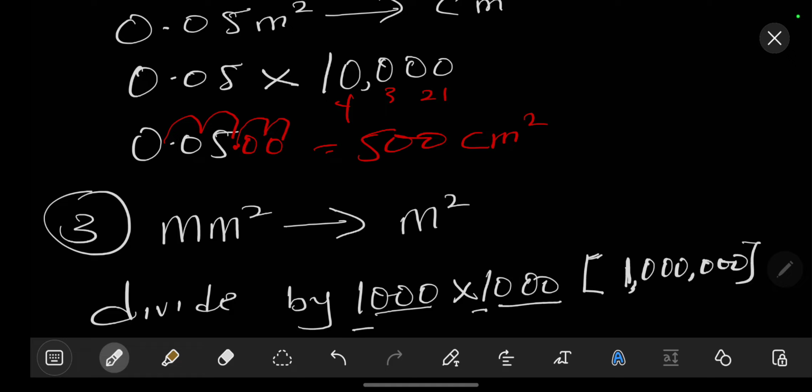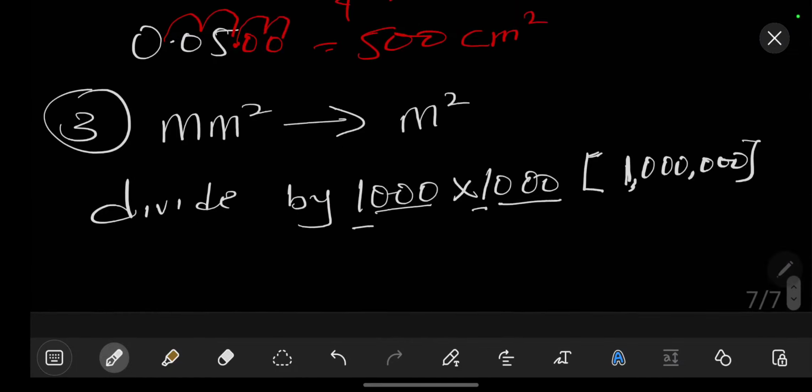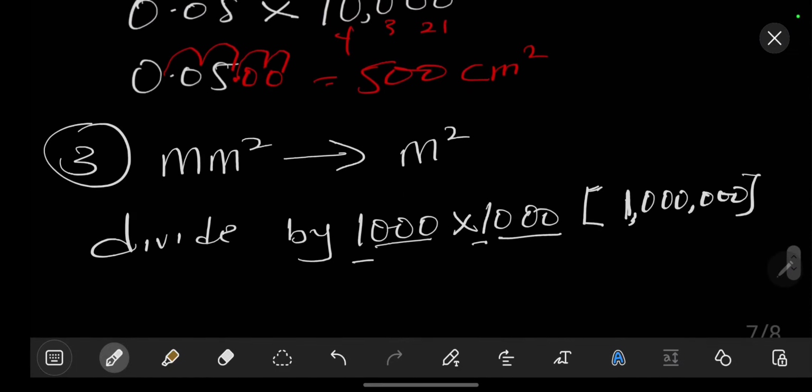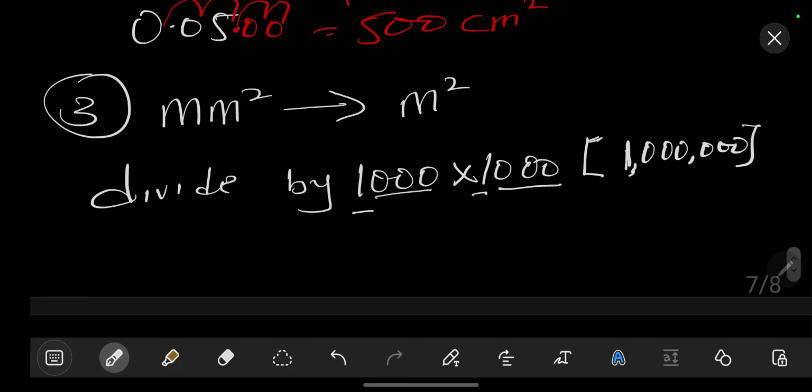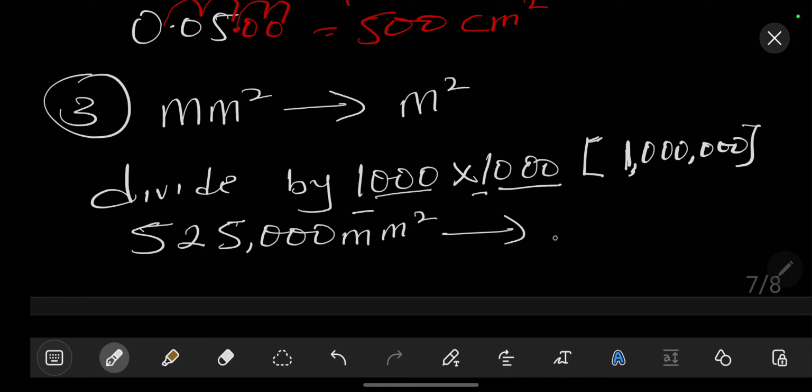So with that being said, we are going to take whatever value we have in millimeter square and divide it by 1 million. So let's say we want to convert, let me use something different, 525,000 millimeter square to meter square.